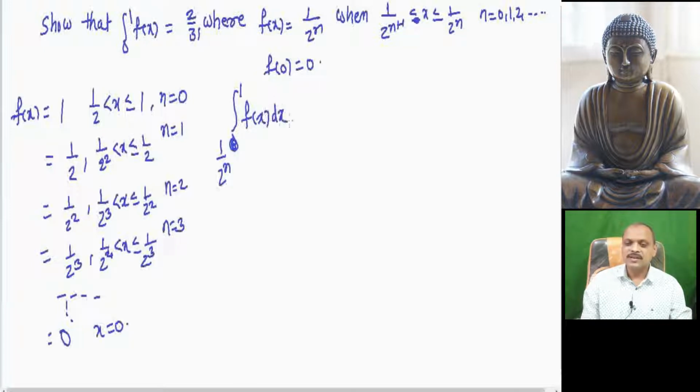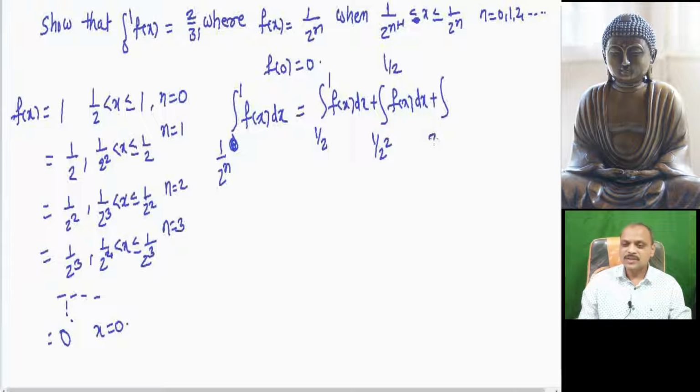The integration of f of x into dx equals, here we write it as the integral from 1 divided by 2 to 1 of f of x dx, plus the integral from 1 divided by 2 square to 1 by 2 of f of x dx, plus the integral from 1 divided by 2 raised to 3 to 1 divided by 2 square of f of x dx, plus the integral from 1 divided by 2 raised to n to 1 divided by 2 raised to n minus 1 of f of x dx, like this.